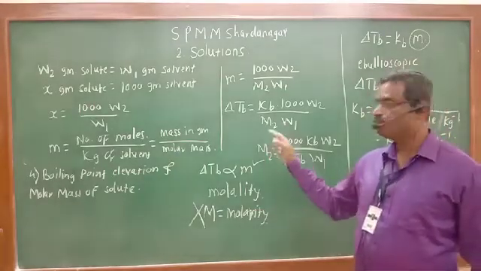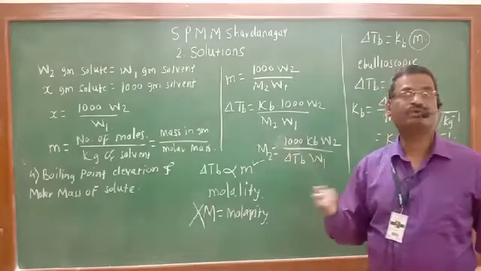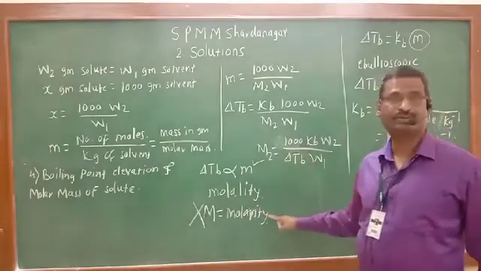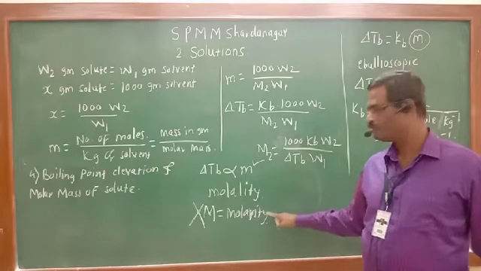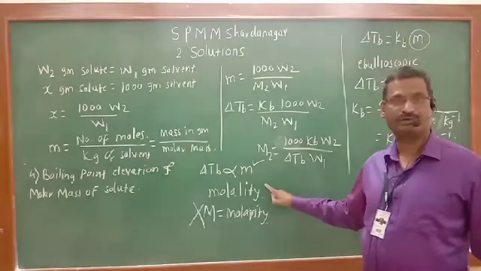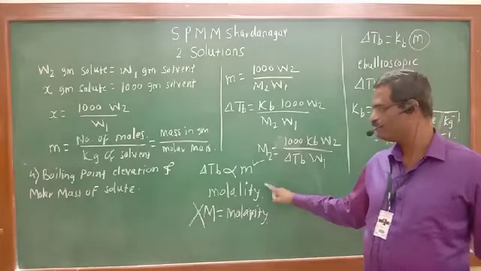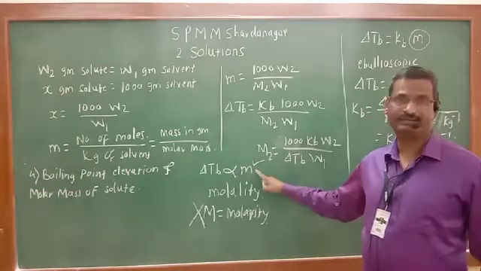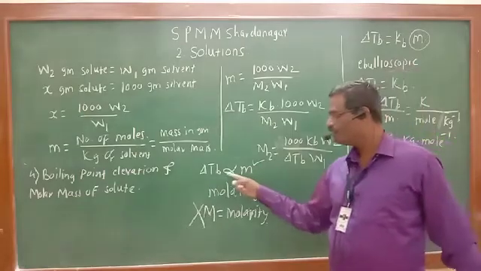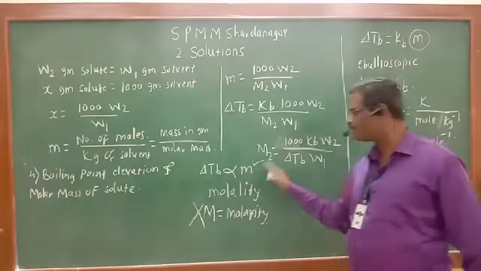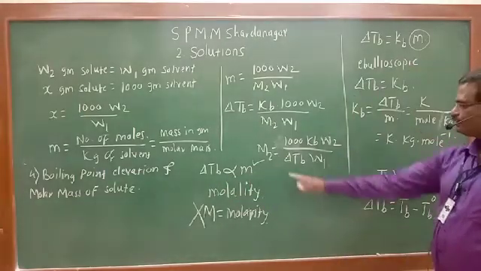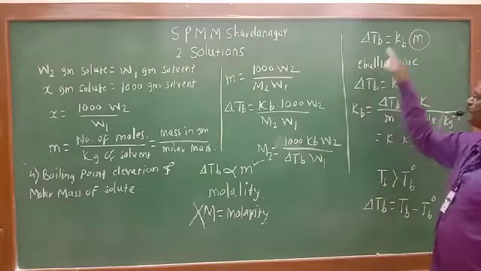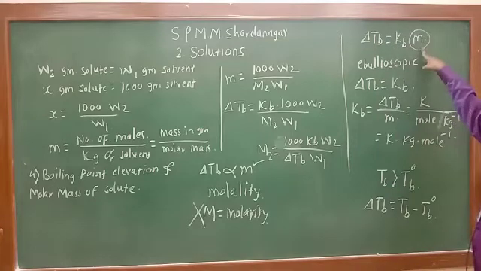Because we are studying systems with variable temperature, and molarity changes with change in temperature. But molality is always constant, not changing with temperature. Therefore, we use the term molality. If we take a proportionality constant Kb, delta Tb becomes equal to Kb into m.